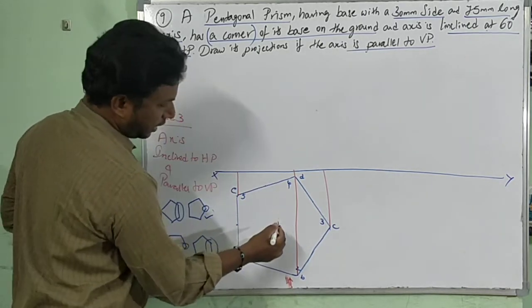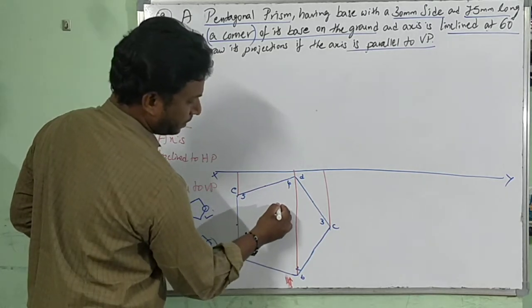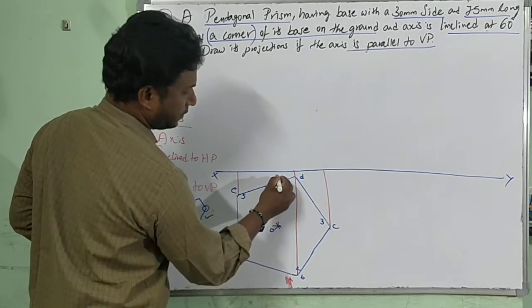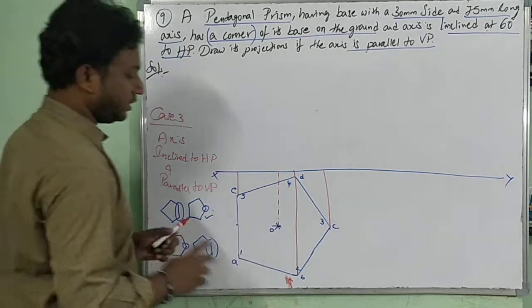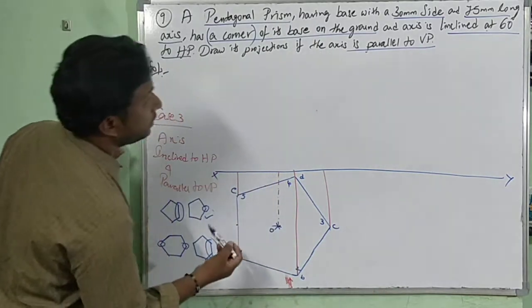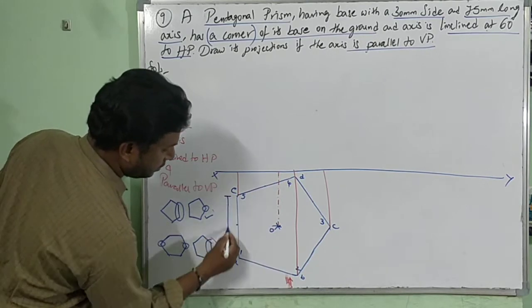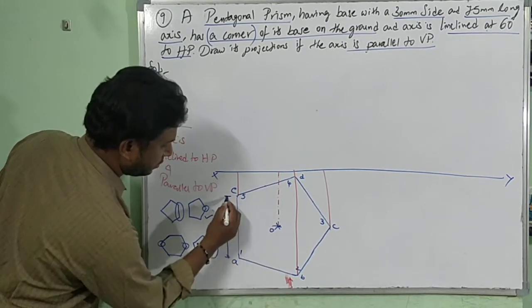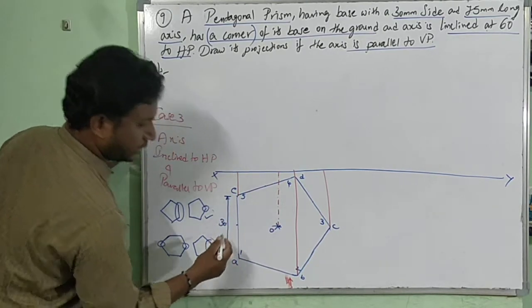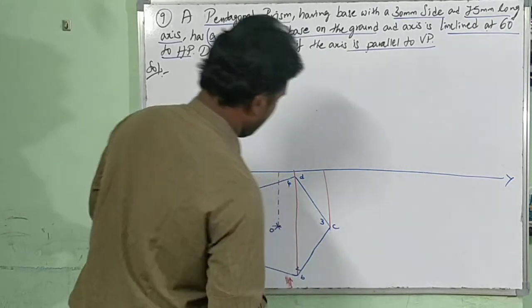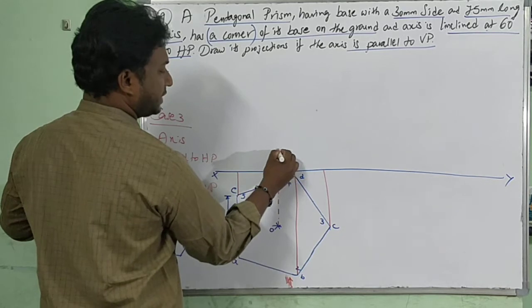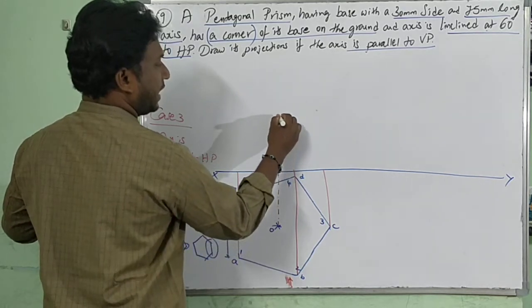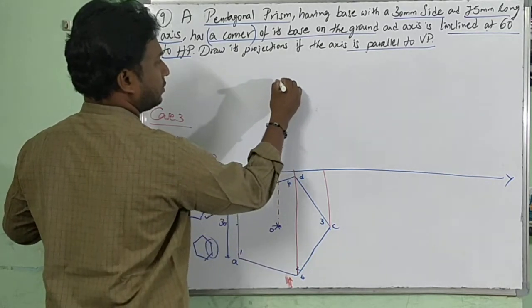So I have to draw the axis separately. What height do I have to draw? Each base is of side 30. Axis height is 75 mm. So I have to take this axis first, dash-dot axis line.